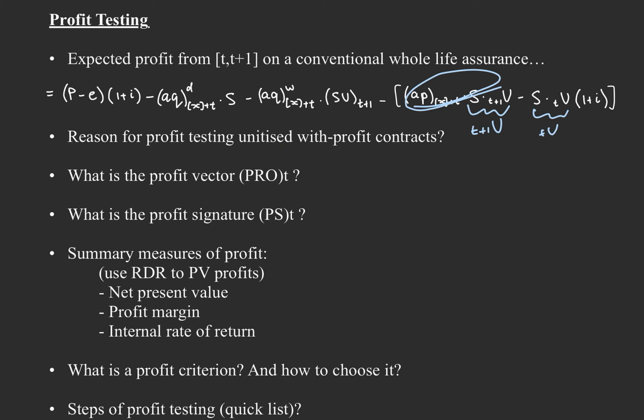So we make that assumption prudently. The reason why we make that assumption is because we might not necessarily end up distributing all the profits back. Now remember, in an accumulating with profit contract, there's less transparency with the policyholder in that there's smoothing of returns, and the insurer may withhold returns in certain years in order to fund them in later years, and also to fund expenses and profits for themselves.